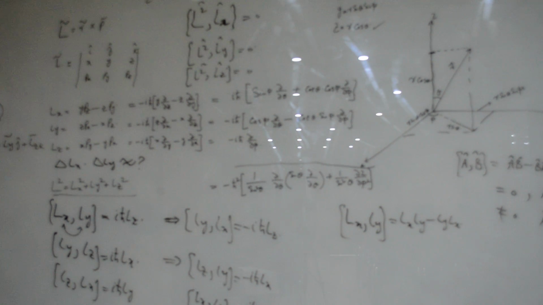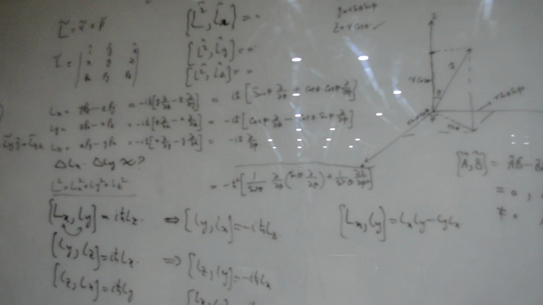It means you can measure L square and any one of the components of angular momentum simultaneously with accuracy. There is no uncertainty in their measurement, and hence L square, the quantum number which corresponds to L square, is a good quantum number.